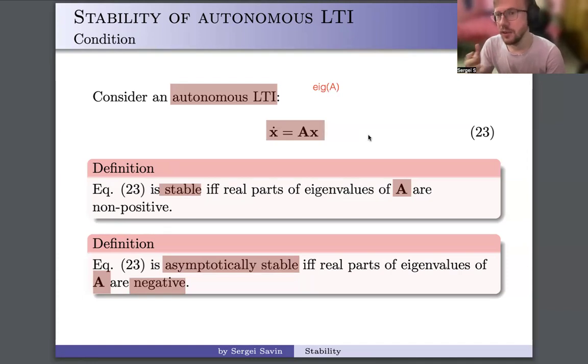So that is what we're going to use here. Any questions about this? Right, no questions. So now we understand what stability is, and we understand how to check for stability.